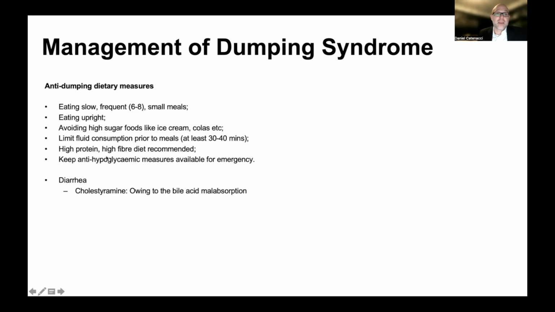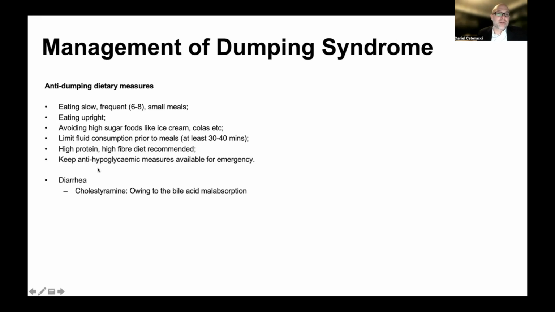And if it has been documented that the reason you're feeling this after eating is because you do get low blood sugars, despite all of these other maneuvers, of course you want to have some measures available for emergency, like orange juice nearby to rescue your blood sugar and bring it back up to alleviate the symptoms.